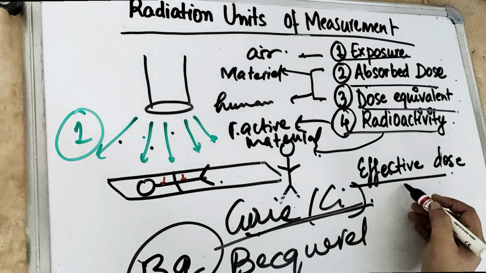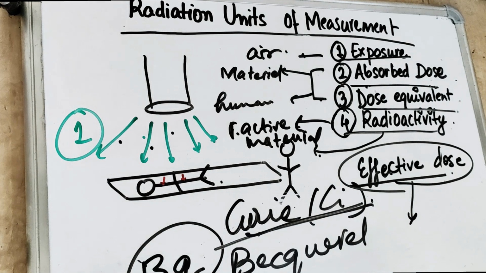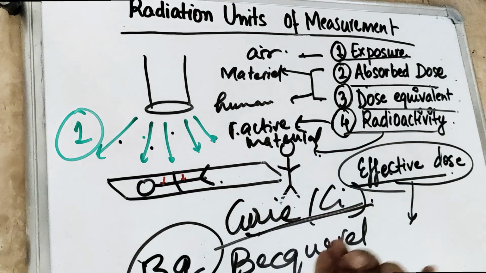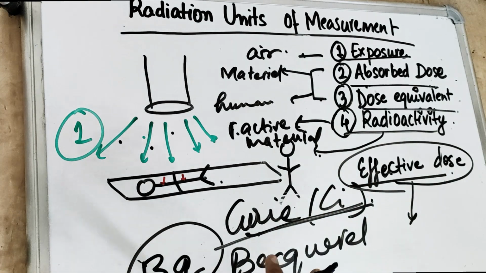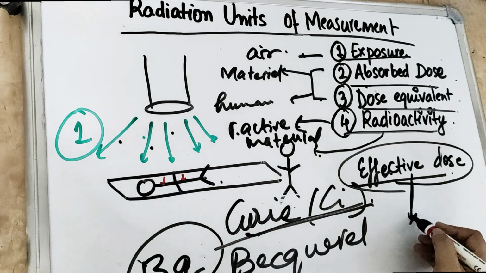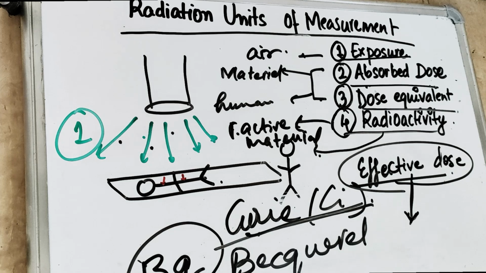So guys, then what do you mean by effective dose? We read it in the chapter on radiation protection, in the ALARA principle. Effective dose is checked in the case of people who are working in the radiology department, the radio workers.